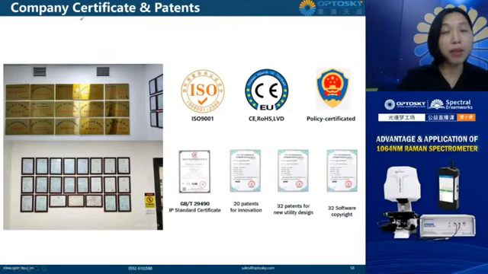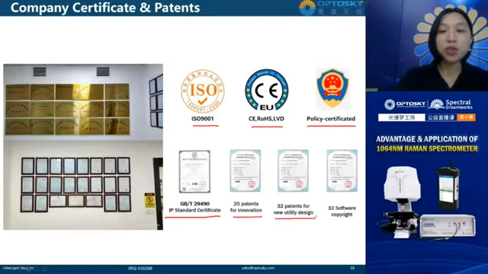And also the company has received many certificates like ISO, CE, RoHS, LVD, and police certificates. These are our own awards, and we also have an IP standard certificate. We have received 20 invention patents, 32 patents for new utility design, and 32 software copyrights.